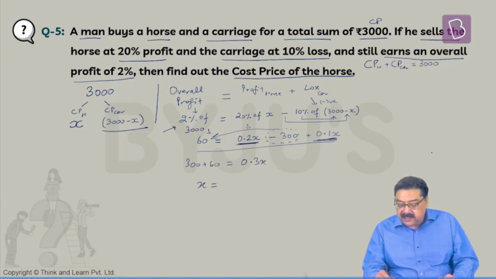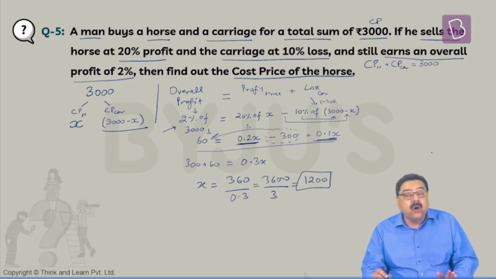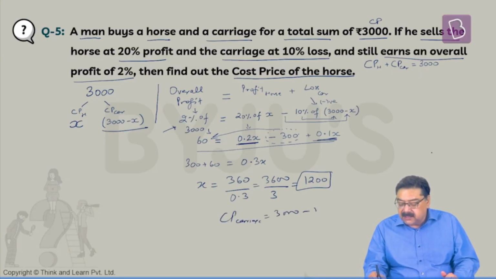So the value of X here should be 360 by 0.3, or let us say 3600 by 3, which is rupees 1200. So the cost price of the horse must have been 1200, which means the cost price of the carriage must be 3000 minus this 1200, which is rupees 1800.